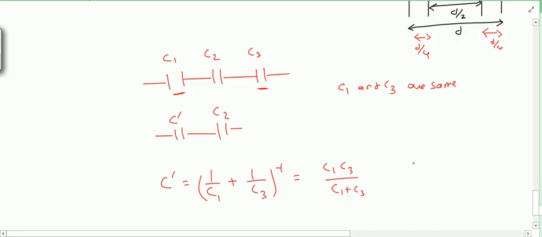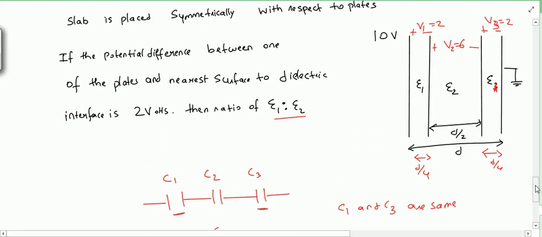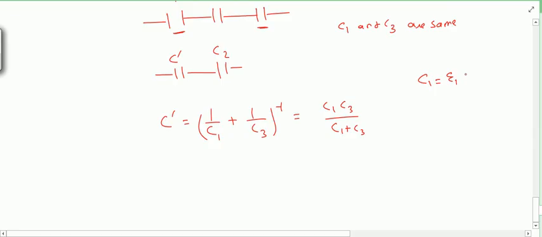So if I write the value in terms of permittivity, you can see here the area of the plates is the same for all, so let us take it as A. The distance for C1 is d by 4, so it is 4 epsilon 1 A by d. Similarly C3 will also be the same, 4 epsilon 1 A by d, right?